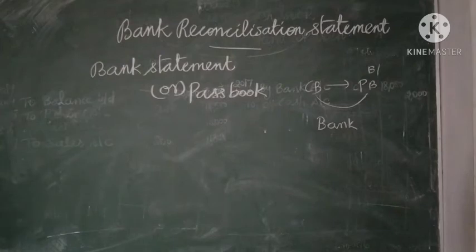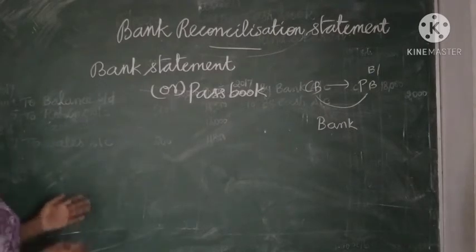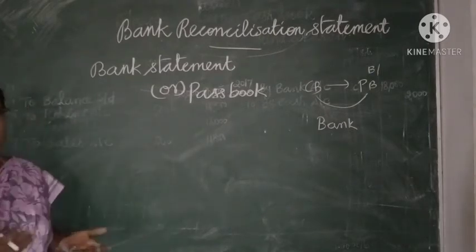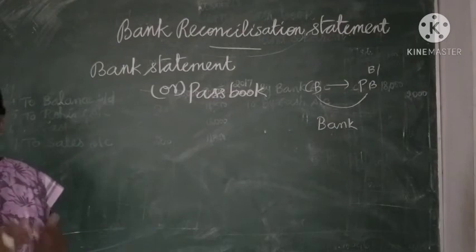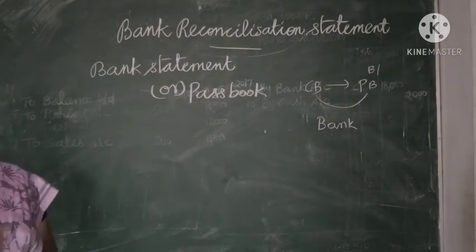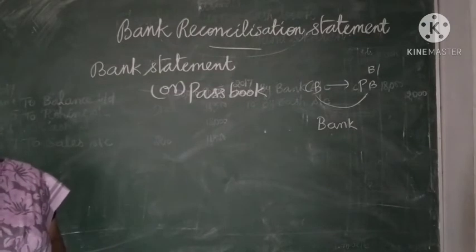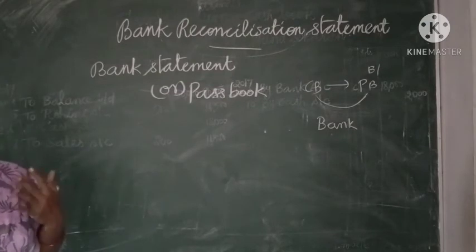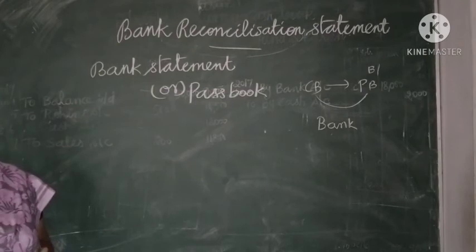Whatever we are dealing with, all the transactions are in check. Why are we dealing with all transactions in check? Because it is the evidence for us, as they will put the check in the bank, so there will be a bank entry. That is the evidence for those who are debtors and creditors giving the check.